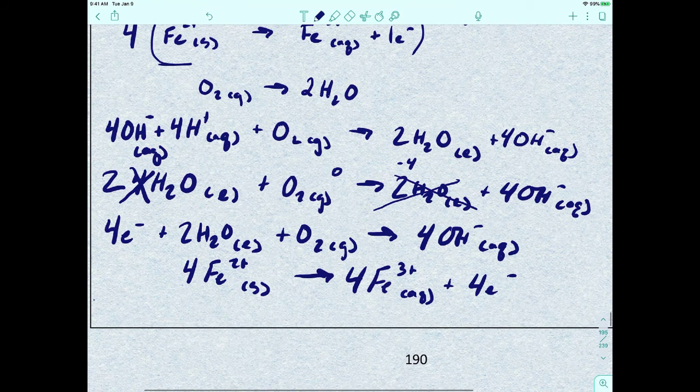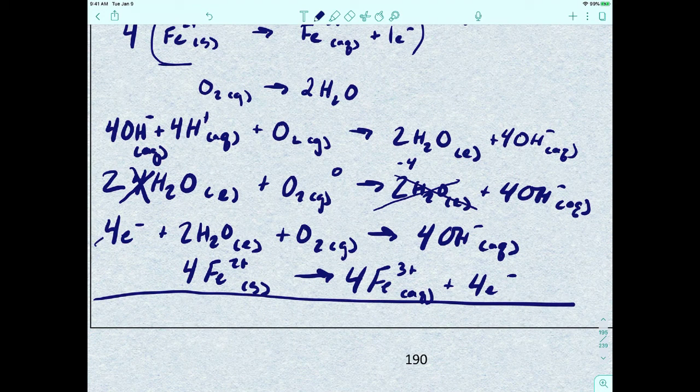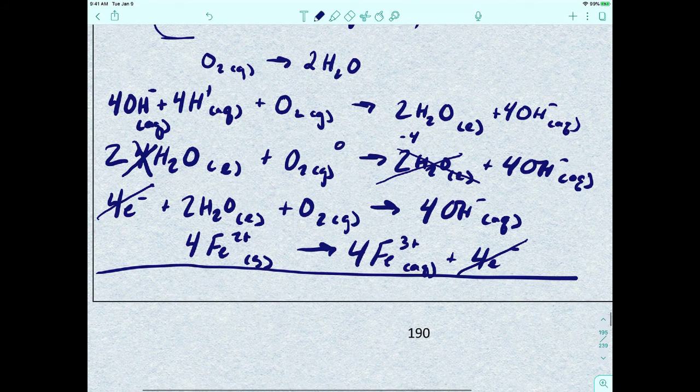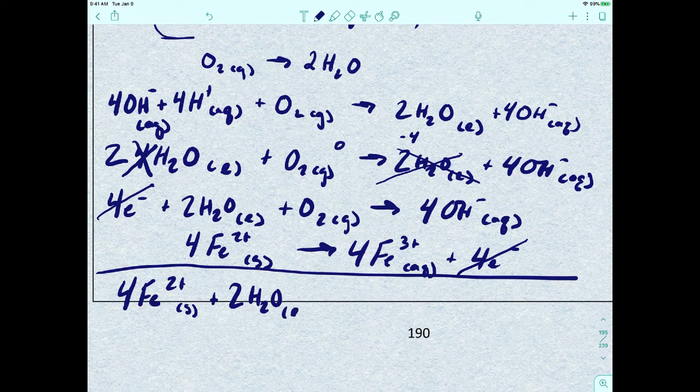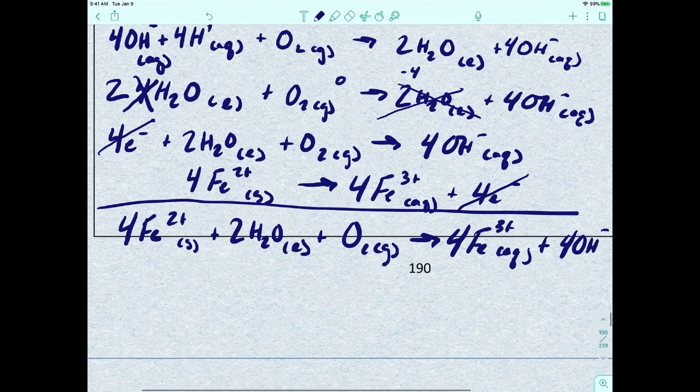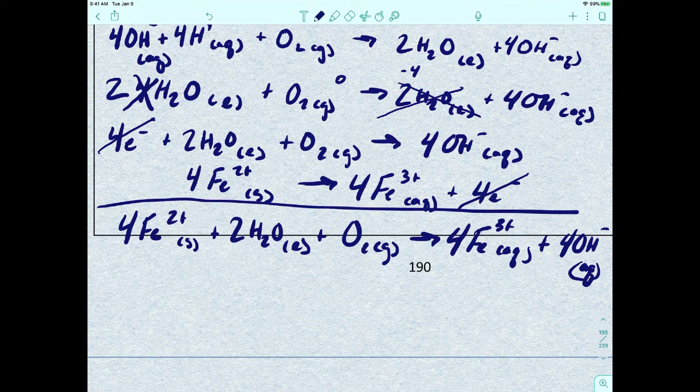All right, so adding up our two half reactions, the electrons cancel out, and here's what we've got: 4 moles of Fe2 plus, plus 2 moles of water, plus O2 gas, yields 4 moles of Fe3 plus, plus 4 moles of hydroxide ion. And there it is. There's your balanced chemical reaction.